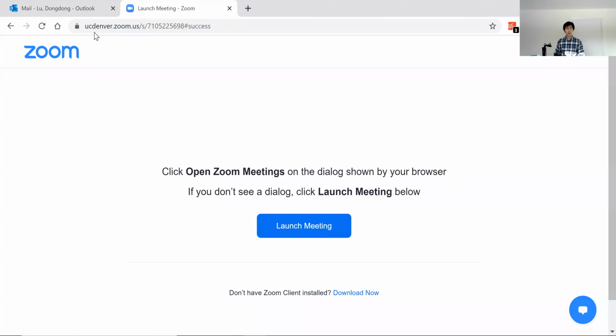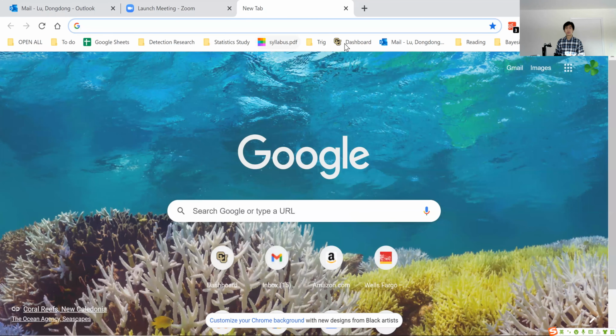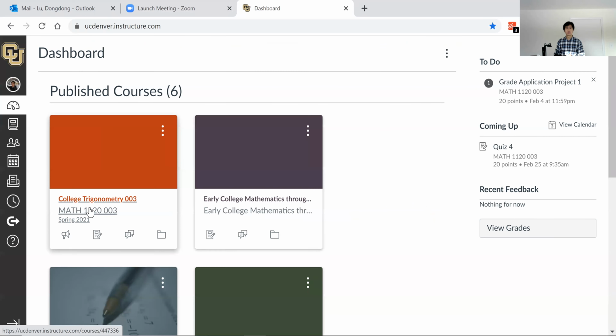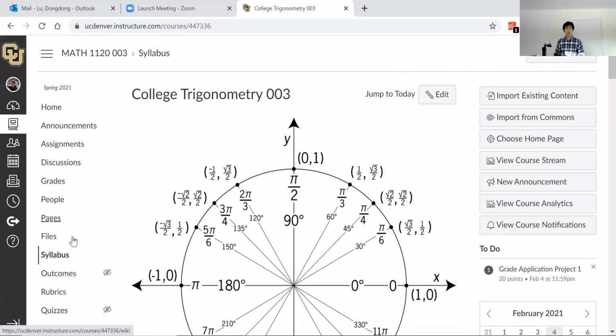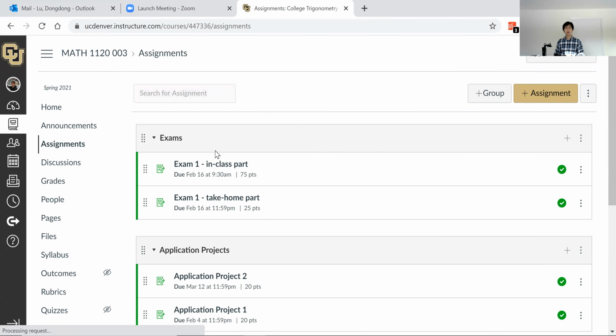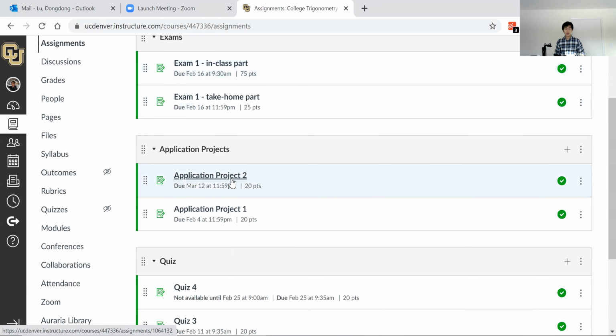Let me share the screen. If you click on assignment, you should be able to see everything you need to do. Look, the second project is due March the 12th.